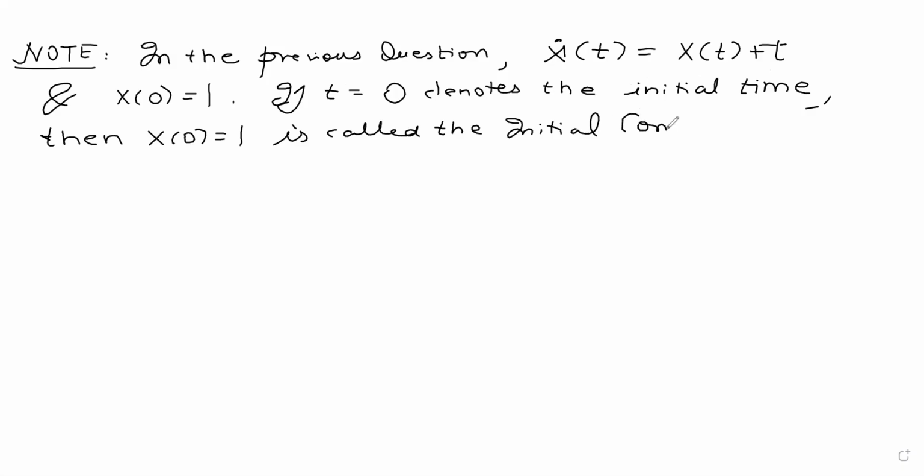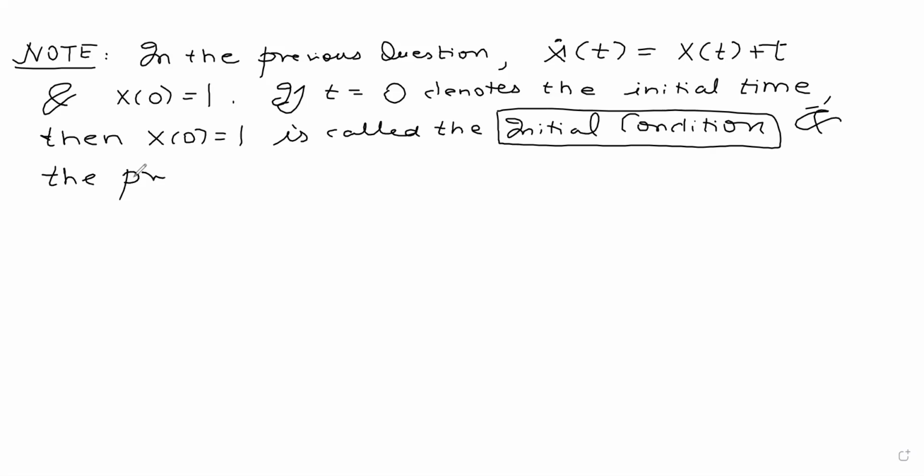It's just a point to note from the previous question. x of 0 equal to 1 is called the initial condition, and the problem is called the initial value problem.